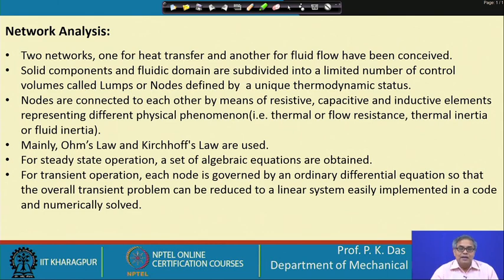We will have a set of algebraic equations, and if we want to do transient analysis, then each node will give us one ordinary differential equation. You can understand that this will be coupled ordinary differential equations, and then we have to solve them most probably through a numerical method. So, this is what is done in the analysis of your heat pipe through network analysis method.